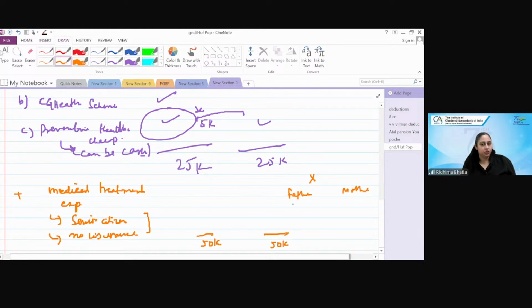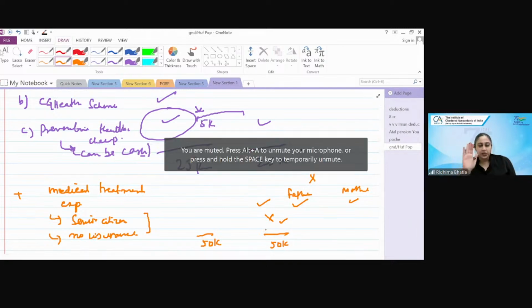Now father has insurance, mother does not have insurance. फादर का मेडिकल ट्रीटमेंट पे खर्चा हो रहा है and मदर का भी मेडिकल ट्रीटमेंट पे खर्चा हो रहा है, but फादर का मेडिकल इंश्योरेंस का प्रीमियम you will be allowed here, but फादर का मेडिकल ट्रीटमेंट would not be allowed here because he has an insurance, but मदर का मेडिकल ट्रीटमेंट का खर्चा would be allowed here because she does not have an insurance. Then दोनों का मिला के 50K के ब्रैकेट में you have to claim the deduction. Clear? Sorted?